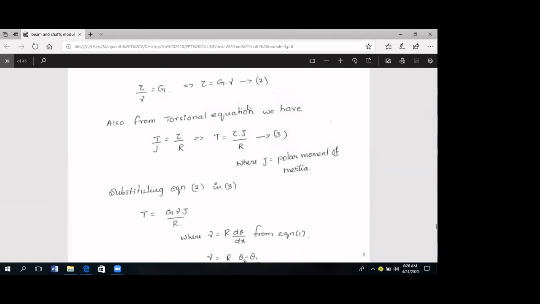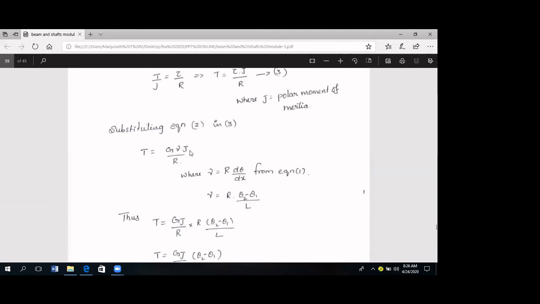Substituting equation number 2 in equation number 3, the value of tau, which is G gamma, so T equals G gamma into J divided by R. From equation number 1, gamma equals r d theta by dx.